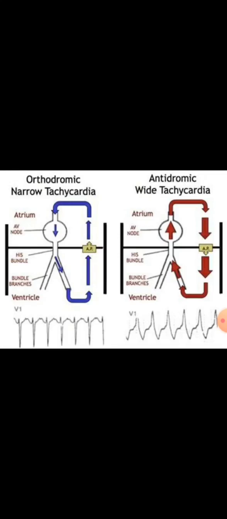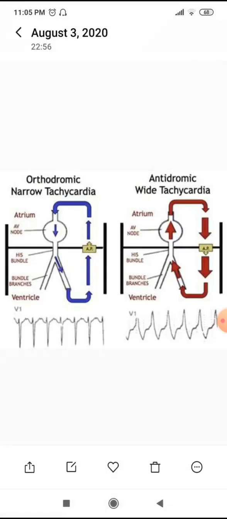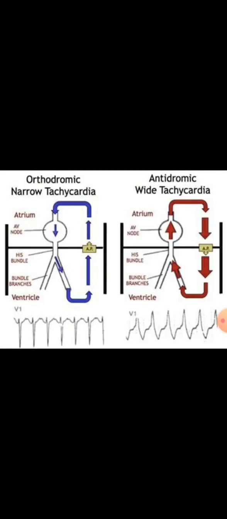The orthodromic pathway is shown on the left side of this figure in blue color, and the antidromic pathway is shown on the right side of this figure in red color.